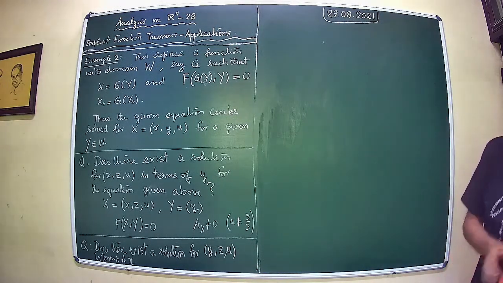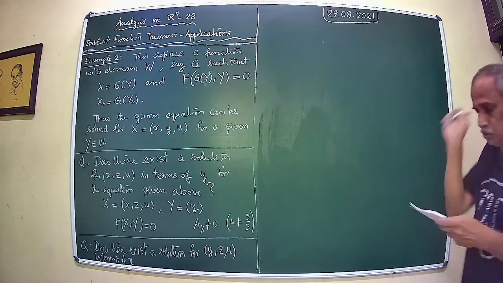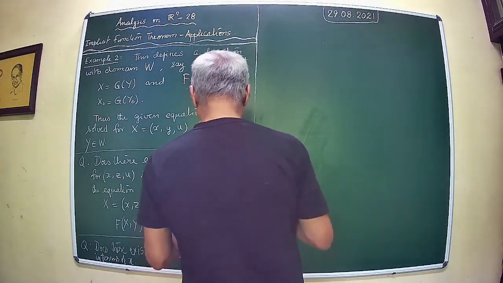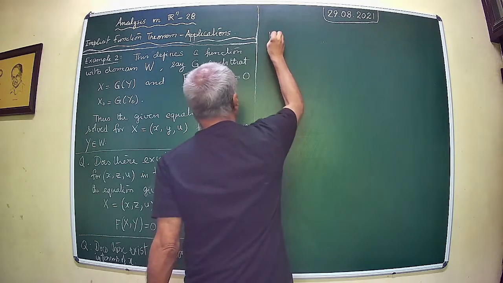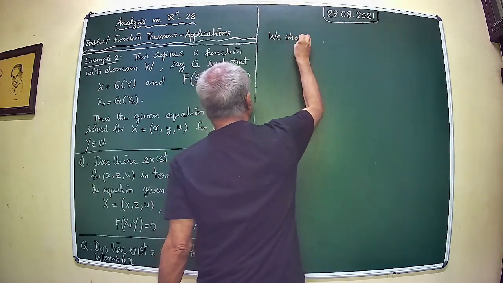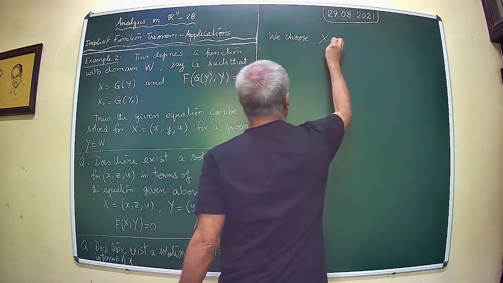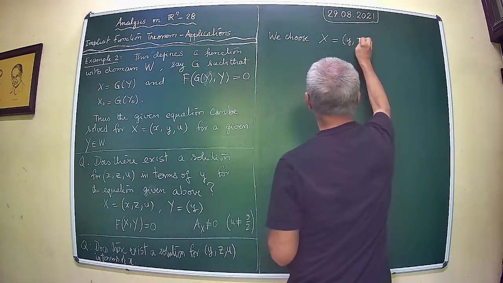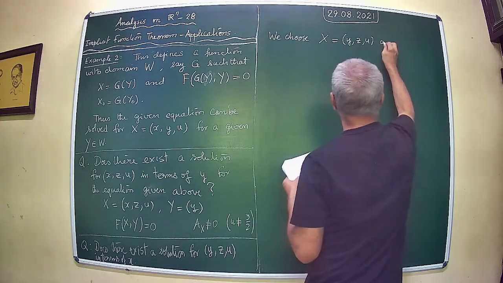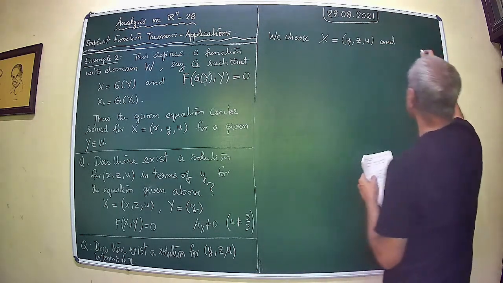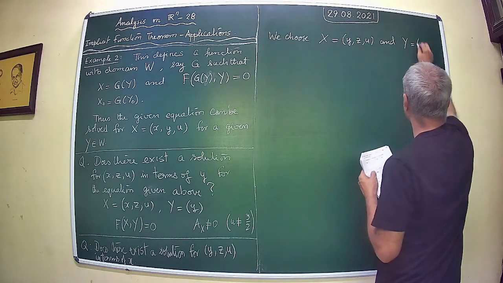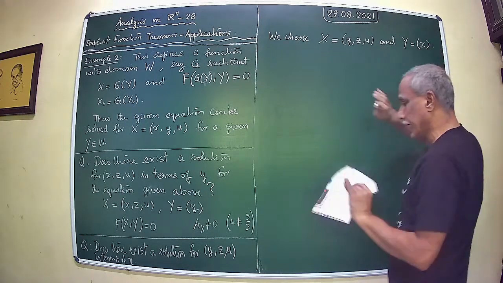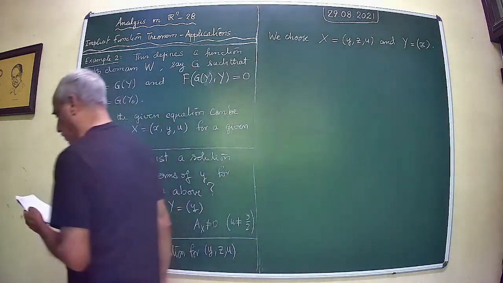Once again, we choose, now we choose x equal to and y equal to, and rework the equation accordingly.